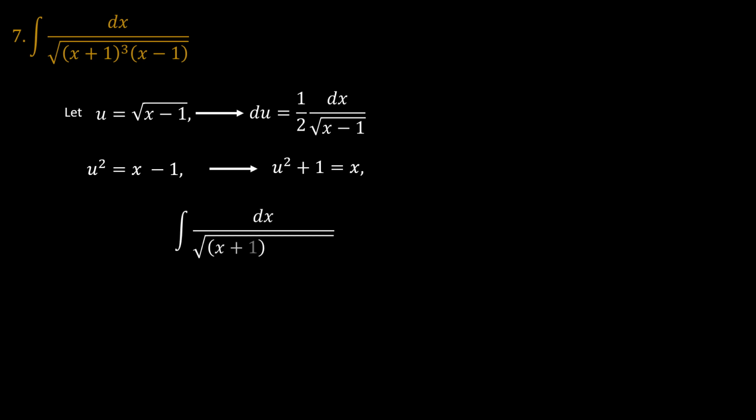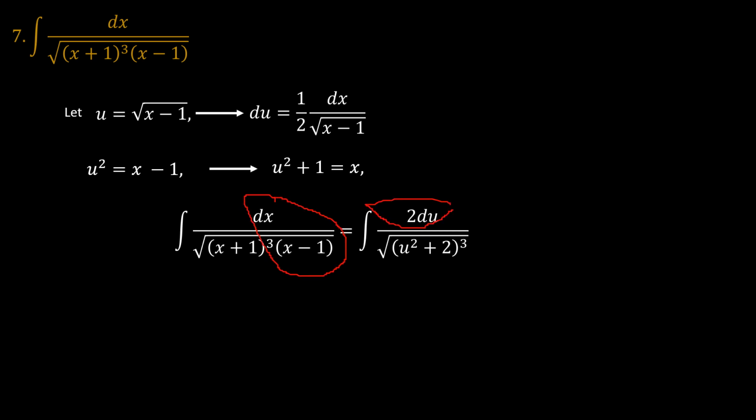And so into this integral, we can now substitute where we have x plus 1, which is the same as u squared plus 2, because x is the same as u squared plus 1. And then since dx over square root of x minus 1 is the same as 2 du, and then there's this constant, this part here becomes twice du, and that's what we've put here.